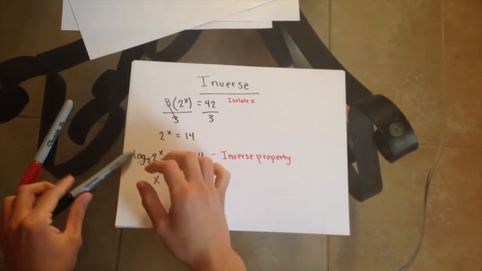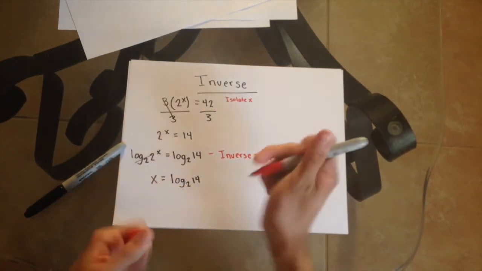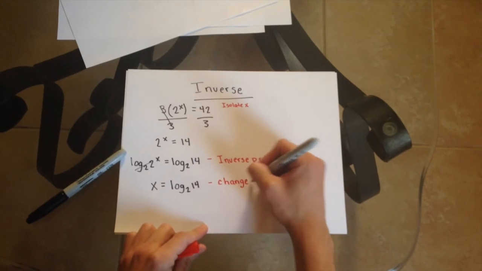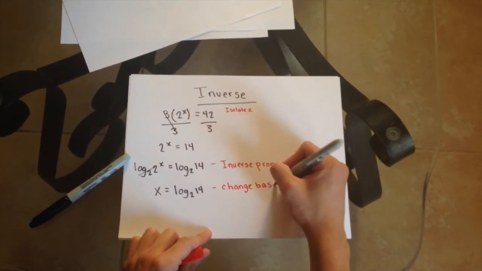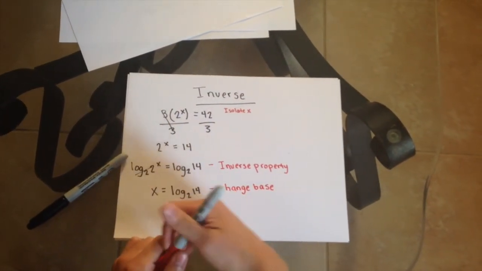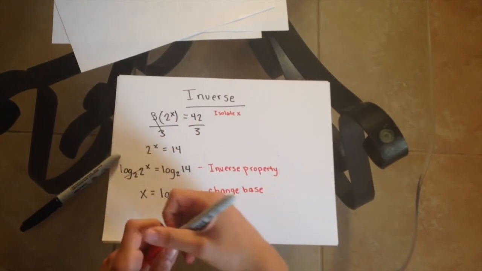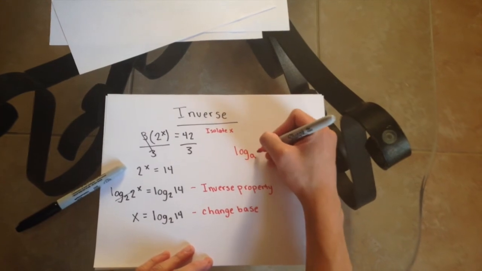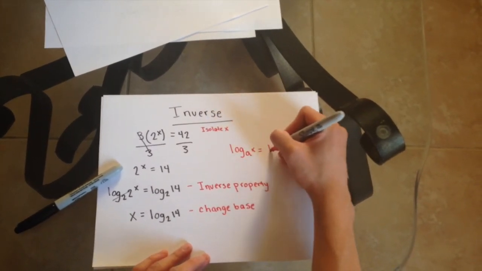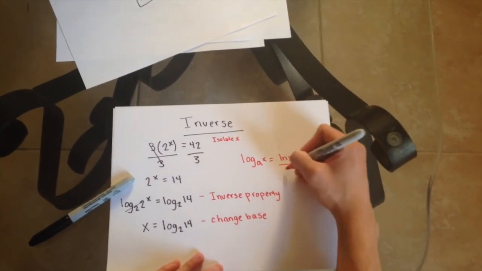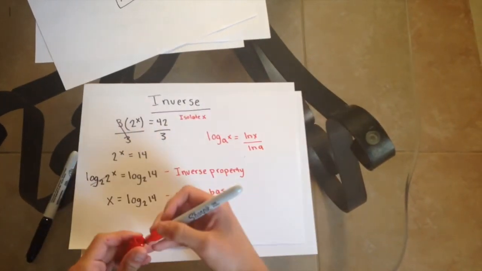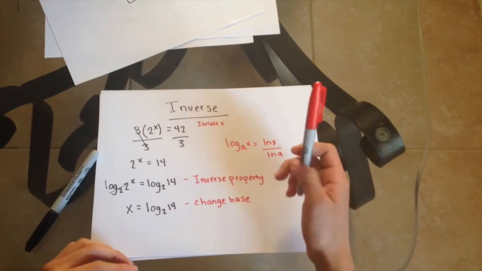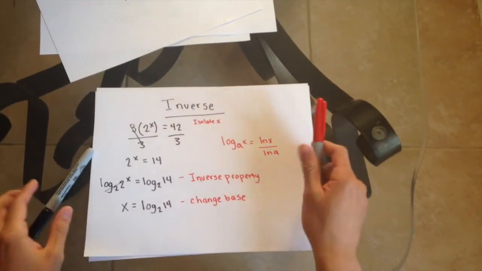Now we are almost done. We have to do one quick thing: we have to change the base. The change of base formula is log base a of x is equal to the natural log of x over the natural log of a. Now to get our complete answer, we have to change the base.